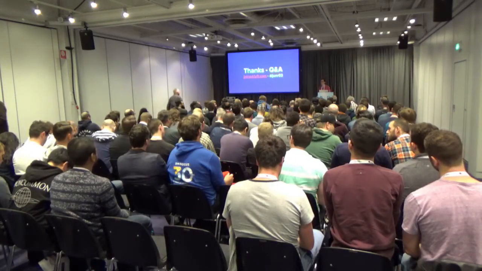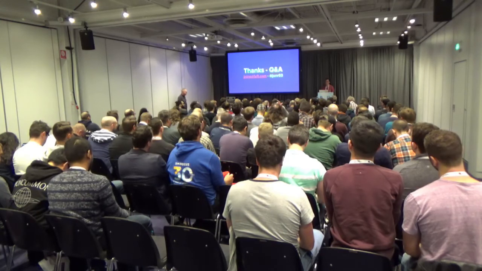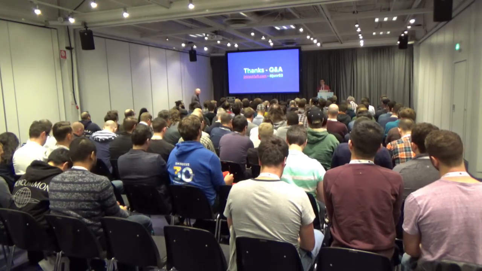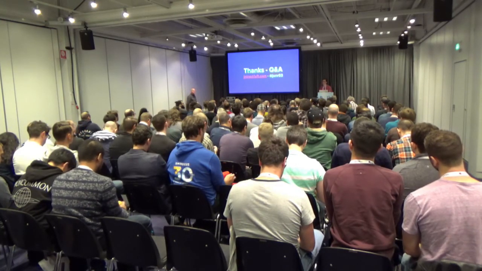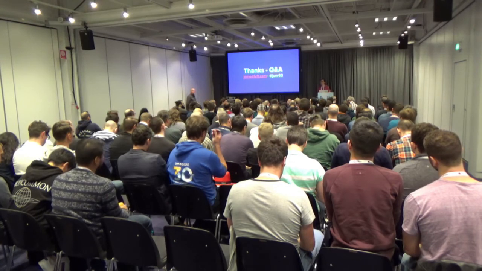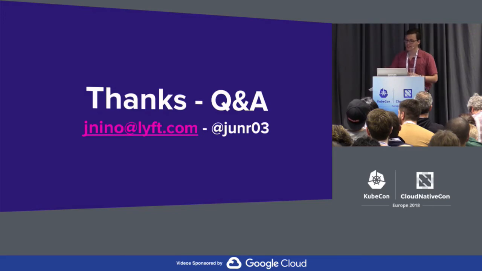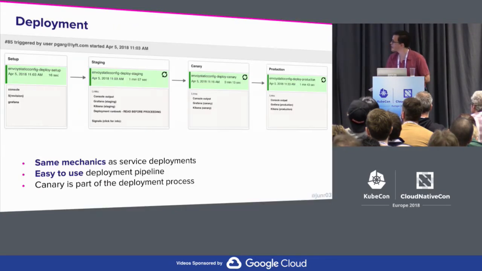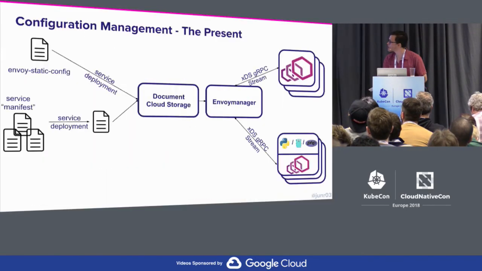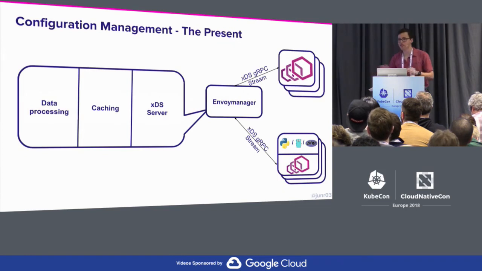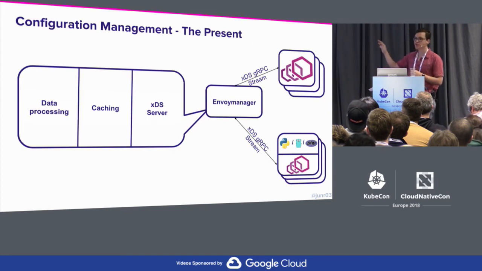So I think it's very interesting what you're doing with configuration for Envoy. I'm actually looking into doing something similar. So I would ask if you have any plan to open source Envoy Manager. Let me bring back a slide that shows Envoy Manager. Like I said, Envoy Manager is a service that kind of comes in three parts. And I believe that almost every single configuration management service that you might deploy at a company would look similar to this.